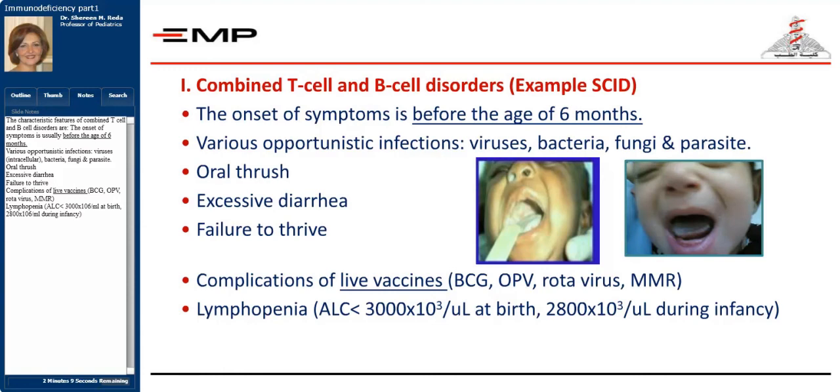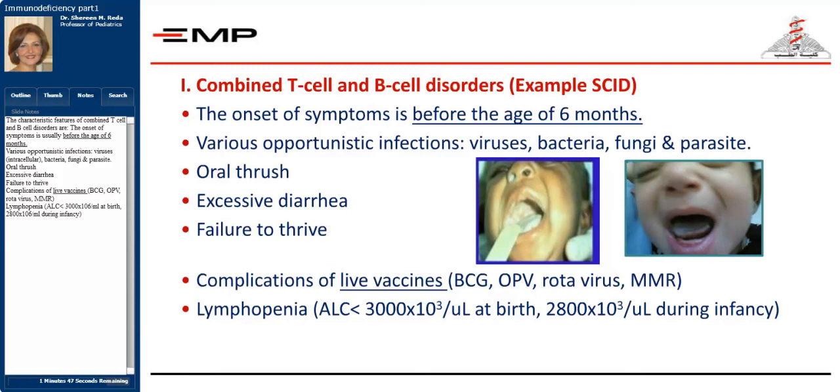There is oral thrush, excessive diarrhea, and failure to thrive. In addition, these infants usually suffer from complications of live vaccines. These vaccines, the BCG, the oral polio vaccine, the rotavirus vaccine, the measles, mumps, rubella, MMR, are usually administered within the first 2 years of life.